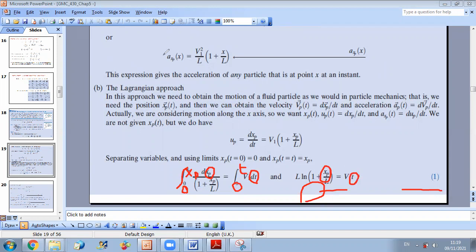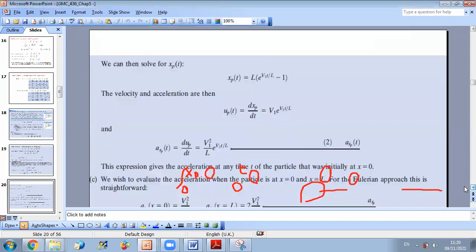And now, using the Lagrangian approach, okay, we can say that knowing x function of time, we can get the expression of velocity of the particle, function of time, by doing dxp by dt. So deriving this expression with respect to time will give us v1 exponential v1t over L.